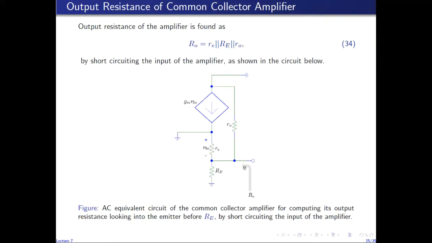We are left with this simplified AC circuit, in which you can see that the resistance seen looking into the output port is given by the parallel combination of these three resistors.